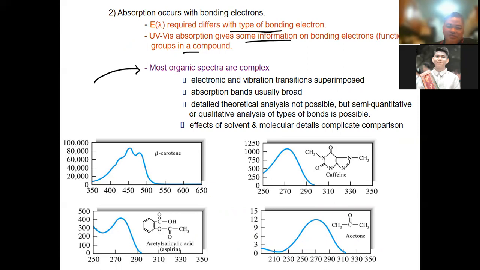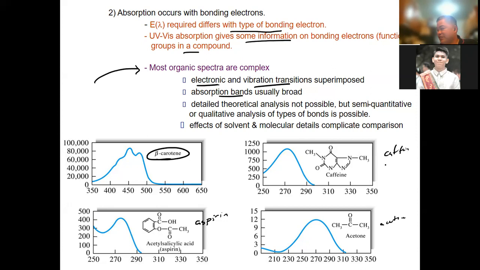Okay. Because if you have these organic compounds, their spectra are usually complex. You have the electronic and vibrational transitions superimposed. You could see here the absorption bands are usually broad. So just try to look at this. This is the beta carotene, and this is the aspirin, the acetone, and the caffeine.